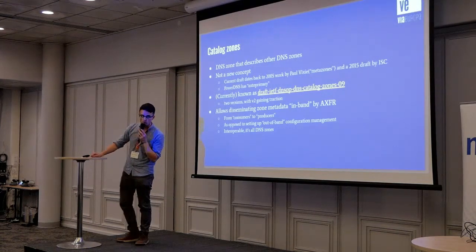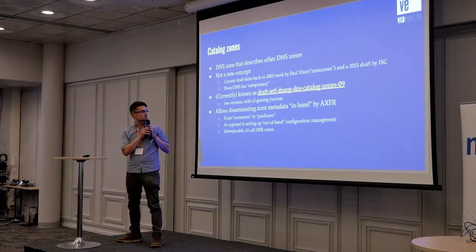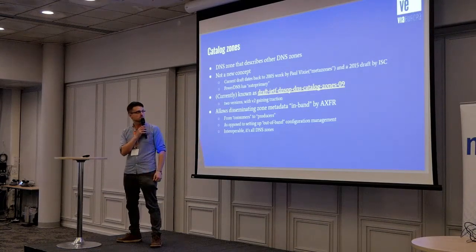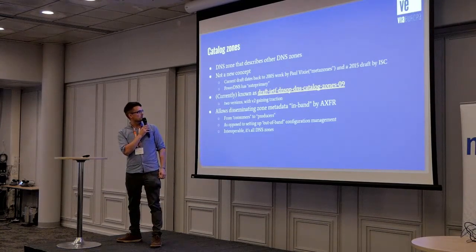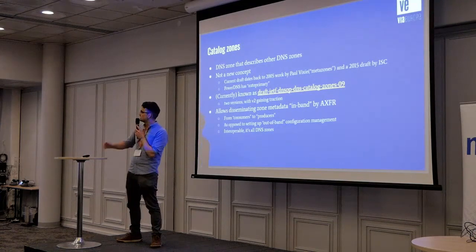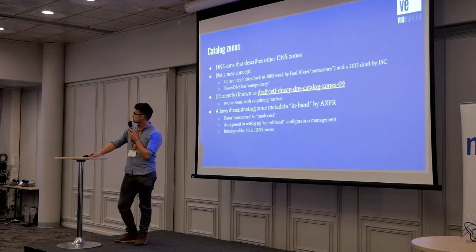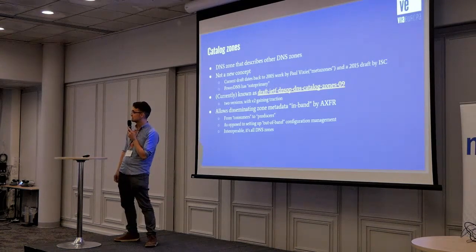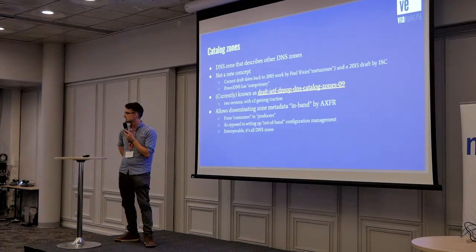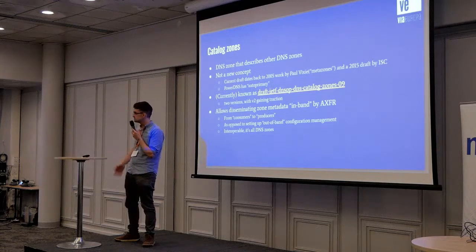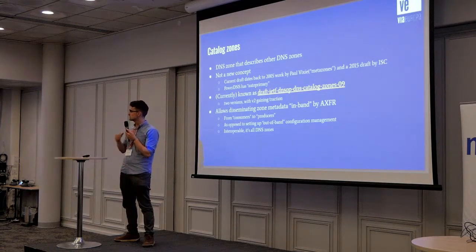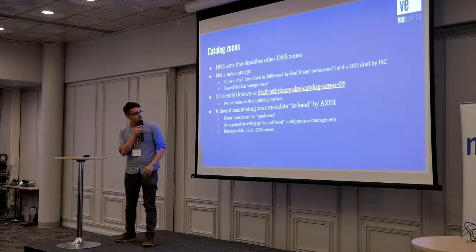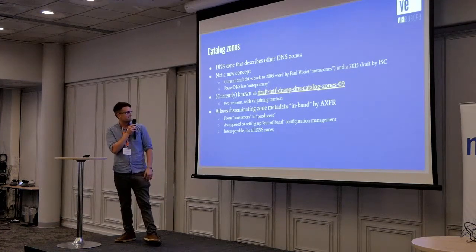And I want to be clear that I have not been involved in writing this draft. I just think it's a neat proposal. PowerDNS also has its auto primary feature, which kind of fills the same niche. And it's currently known as draft IETF.